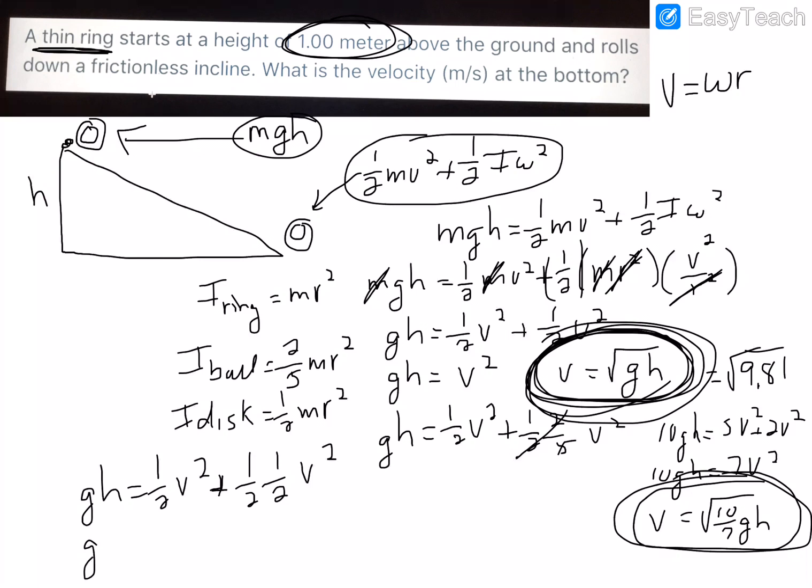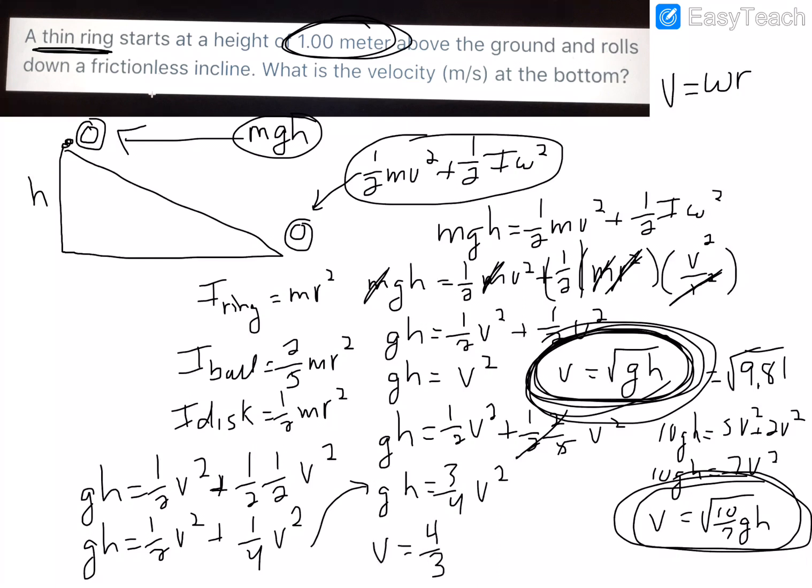So I'd have gh equals 1/2 v squared plus 1/4 v squared. So gh would equal 1/2 plus 1/4 is 3/4 v squared. So the v would equal the square root of 4/3 gh. So this is for a disk.